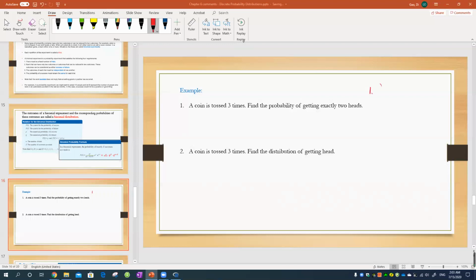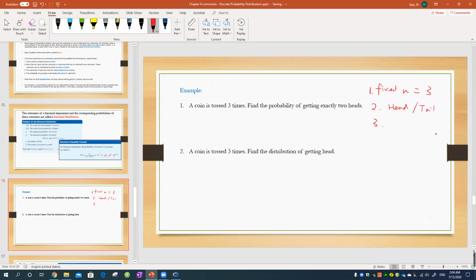Then the other requirement: each trial has only 2 outcomes, either head or tail, so no problem.